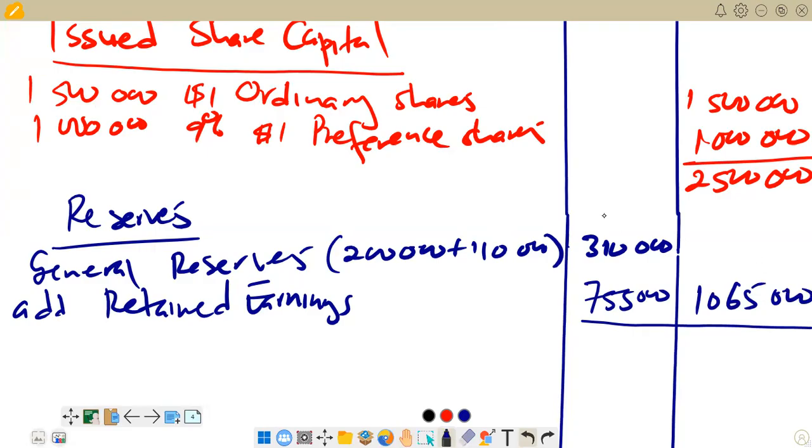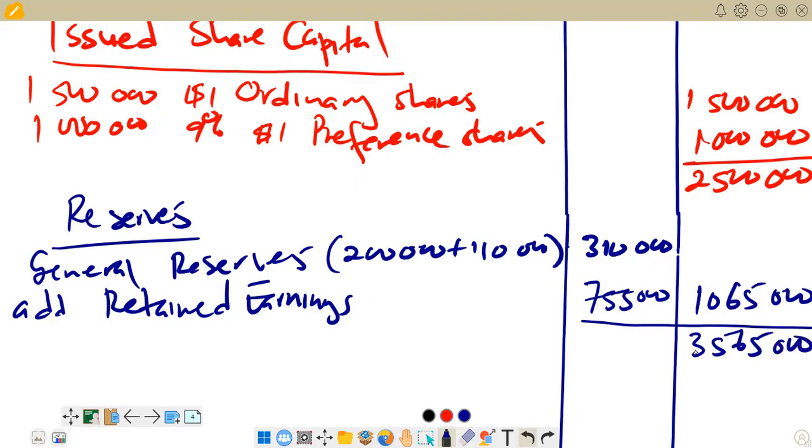Remember, if we add the total for reserves to what we have for issued, which is 2,500,000, we get 3,565,000.